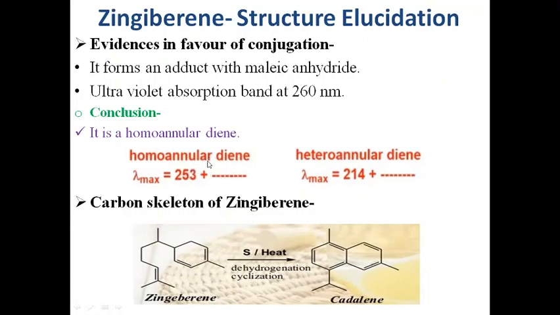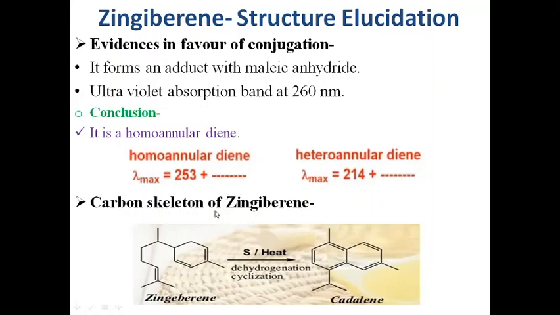We can then calculate the lambda max values. For the heteroannular diene, according to the Woodward-Fieser rule, the base value is 214 plus the increments which are to be added. So on the basis of this, you can see in the UV spectrum that the lambda max comes out at a very high value of 260 nanometer, from which we can conclude that it is a homoannular diene.